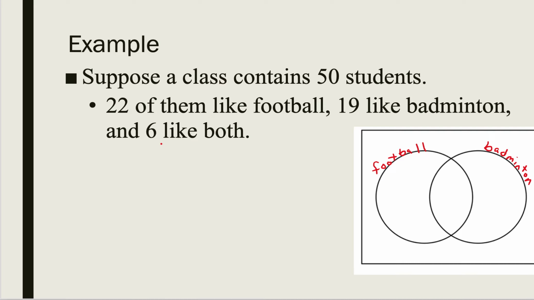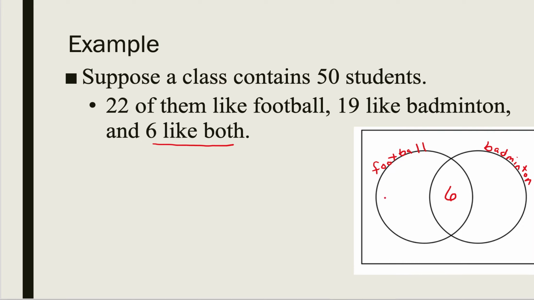The first thing I'm going to look at is that it tells me that 6 students like both. So that means there are 6 students in the intersection of those two sports. I'm going to put the 6 right here. Those 6 students like football, they also like badminton, so they're going to be in the middle section of our Venn diagram.